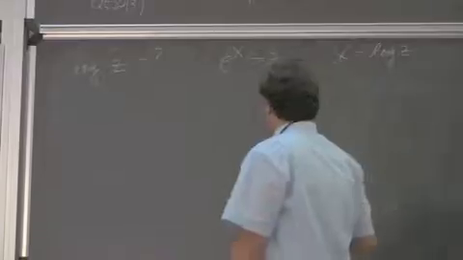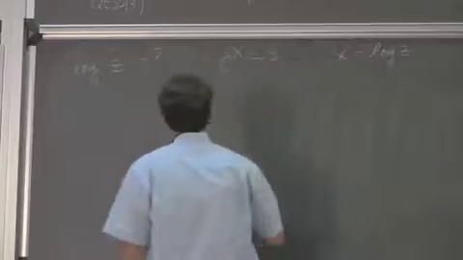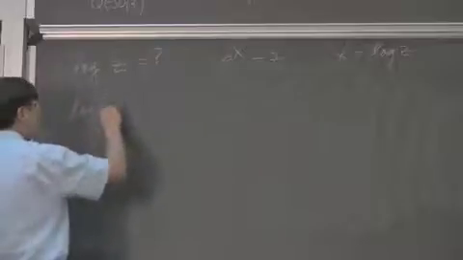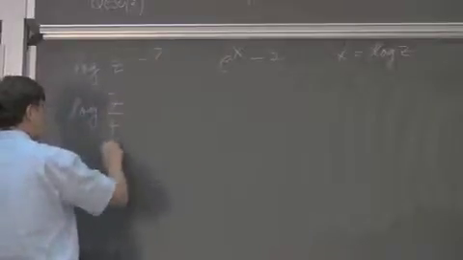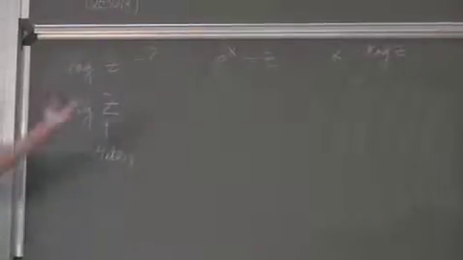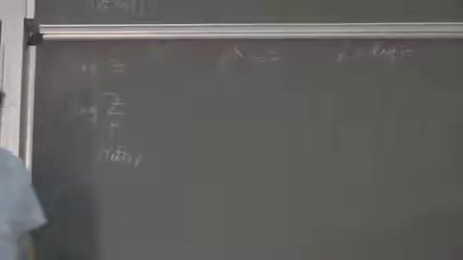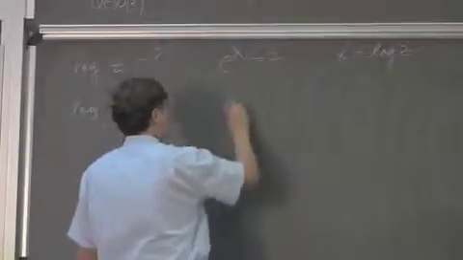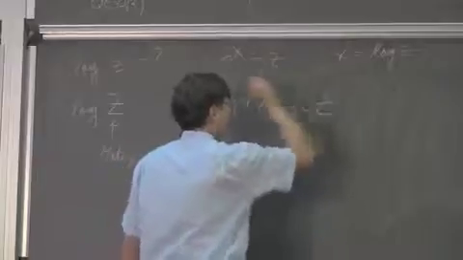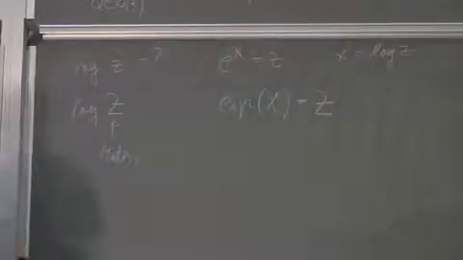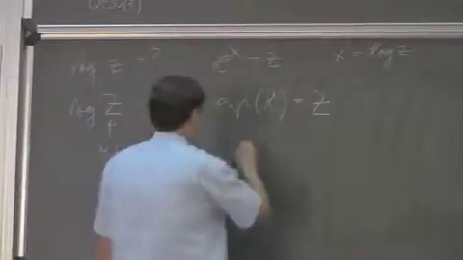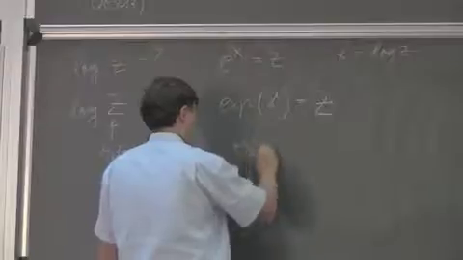So we want to know what is the logarithm of a matrix. Well, we write the corresponding matrix equation: the exponential of a matrix X is equal to the matrix Z. And the exponential, you can give it in series expansion.